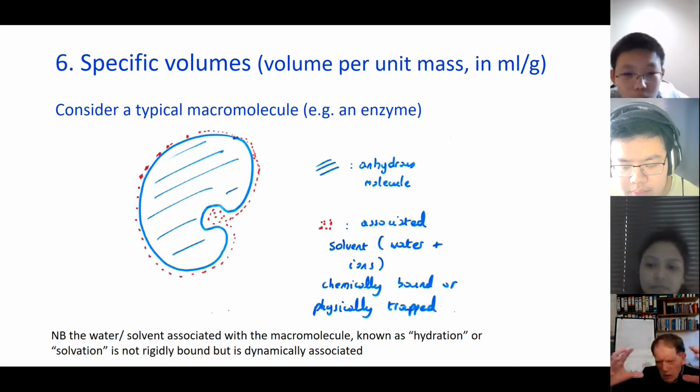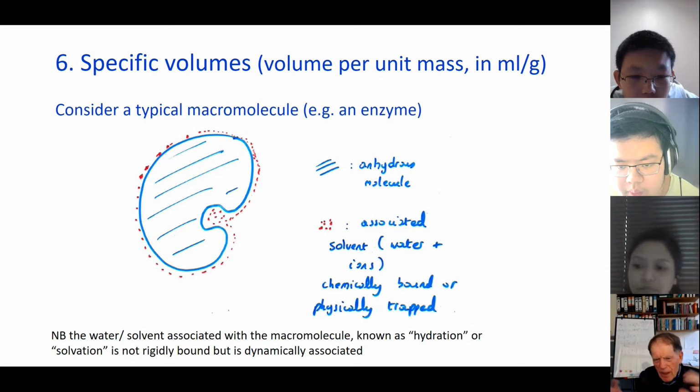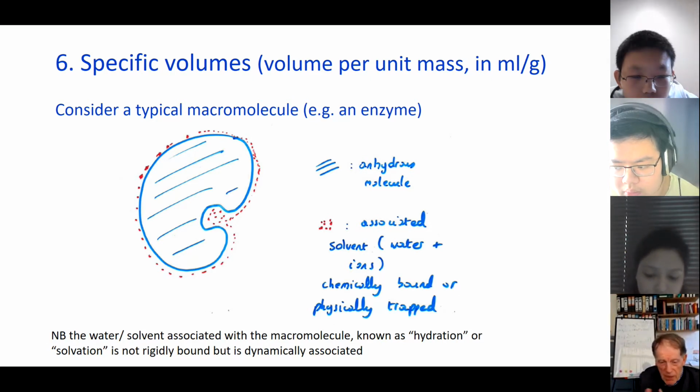Macromolecules can swell. That means the effective volume can increase because of interactions with the water environment, which many of them experience, especially when they're in solution.